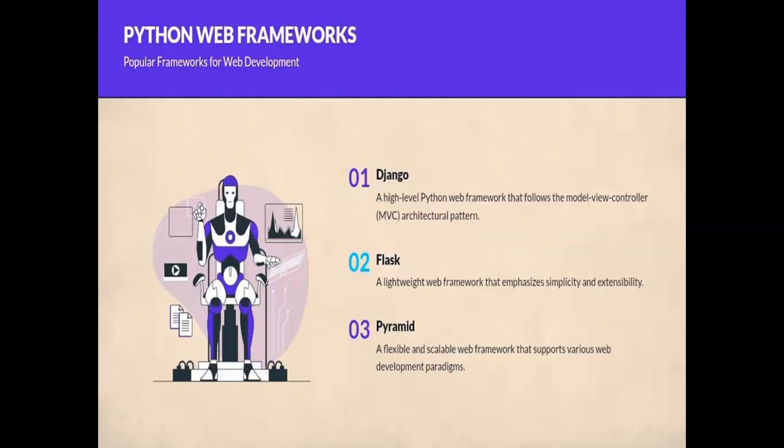It's a high-level Python web framework that follows the model view controller architectural pattern. While moving toward Flask, it's a lightweight web framework that emphasizes simplicity and extensibility, and Pyramid is a flexible and scalable web framework that supports various web development paradigms.